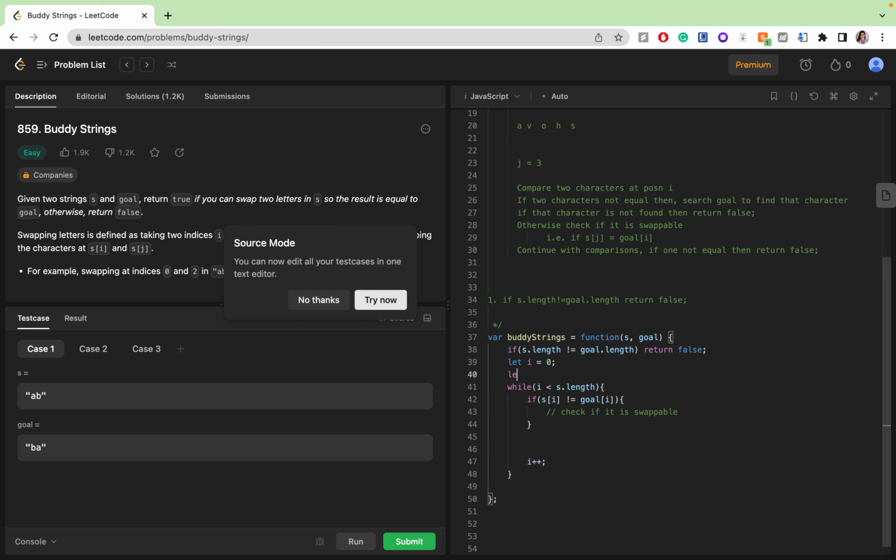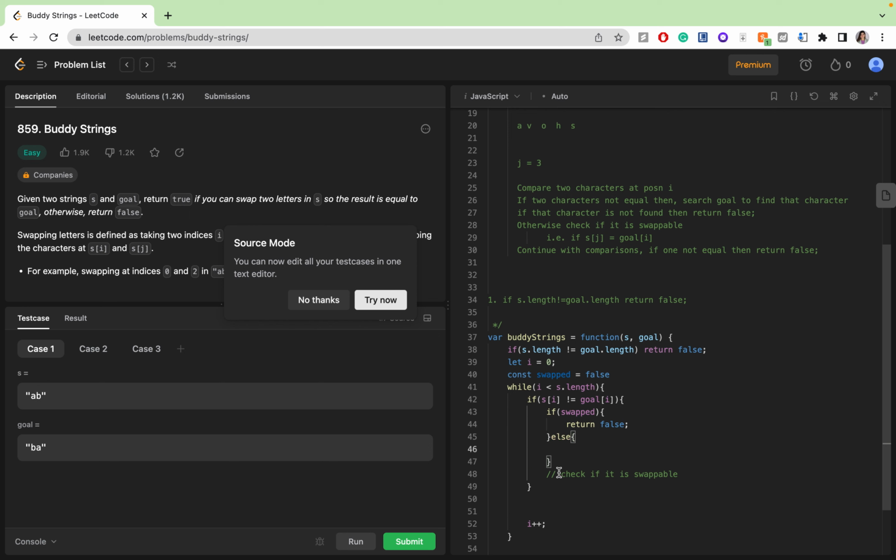So okay, check if it is swappable. Since I can only do it one time, right? So if it is not equal and already swapped, then just return false because they are not equal.